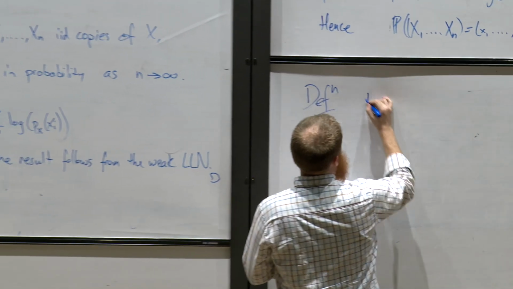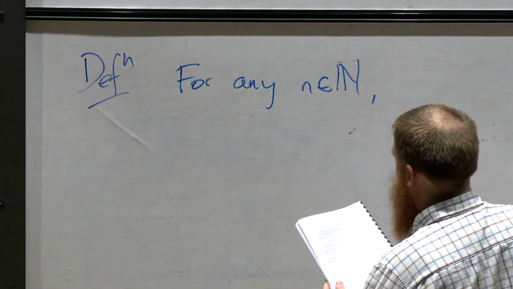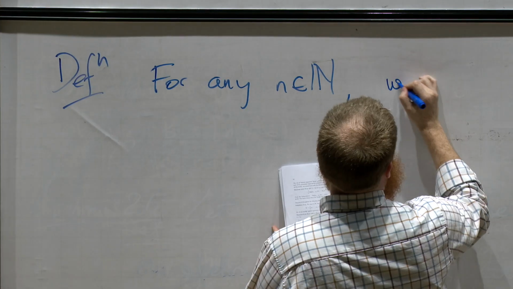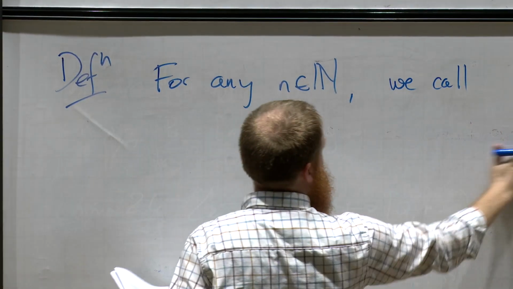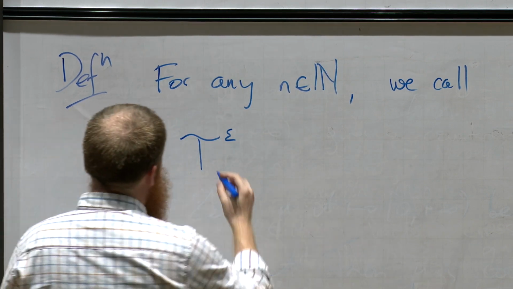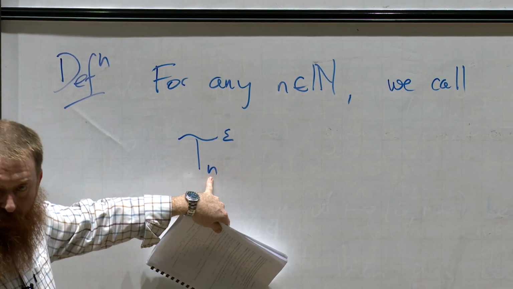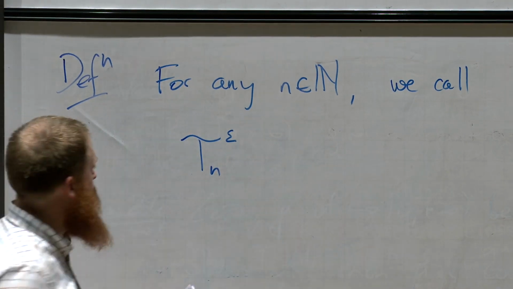Okay, so we get to a definition. For any n, natural number, I'm going to define what I mean by a typical sequence, T epsilon n. So these are going to be the typical sequences of length n with a tolerance level epsilon.